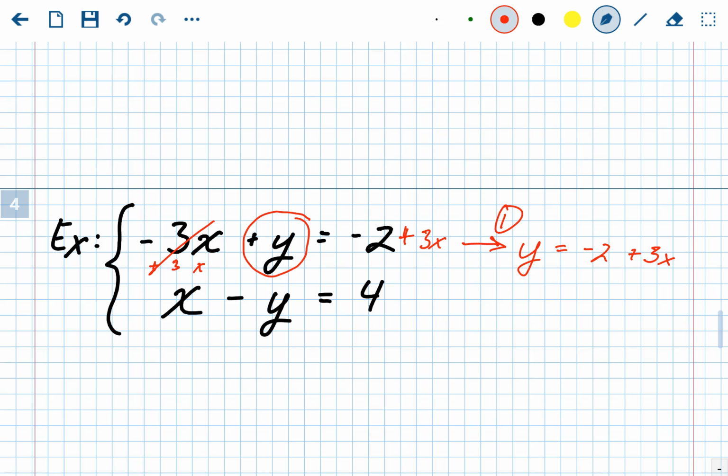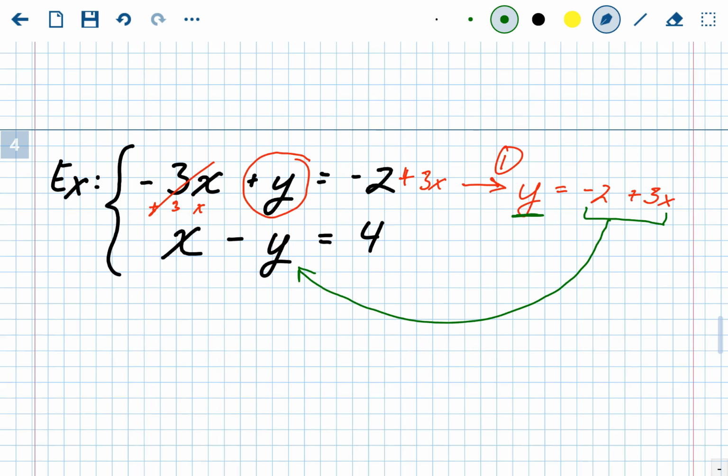Now what do I do with that variable? We're going to substitute it in. I now know that wherever I see y in any of the equations in the system, I could replace it with negative 2 plus 3x. So in the bottom equation, I'm going to plug that in. Instead of x minus y, I'm going to have x minus negative 2 plus 3x.